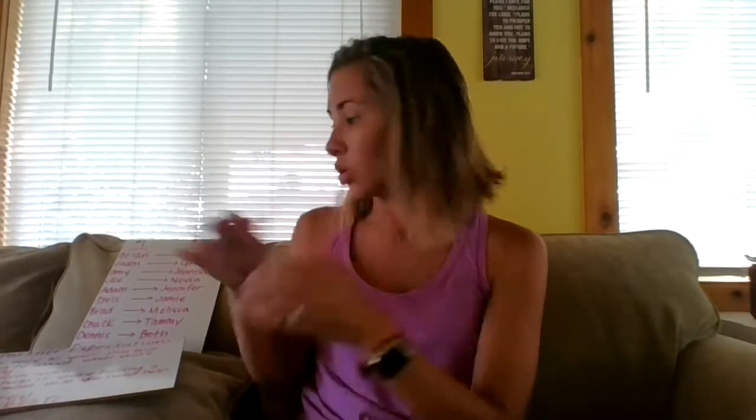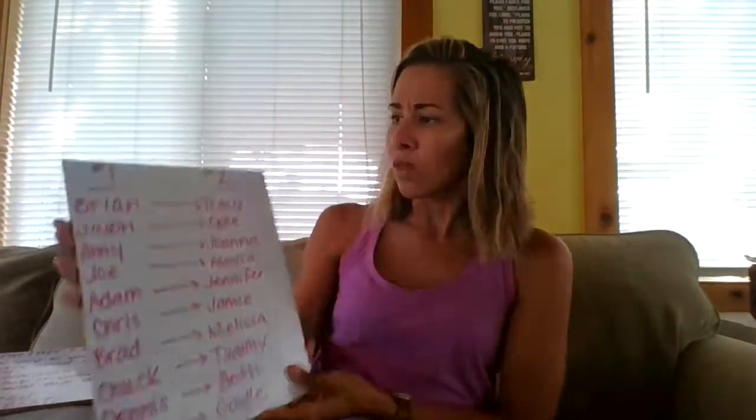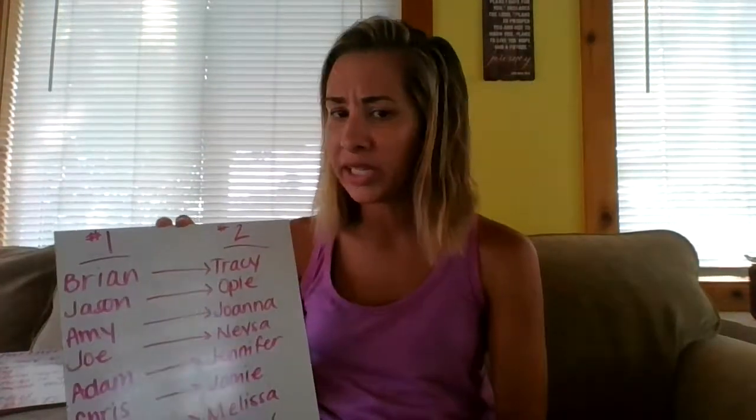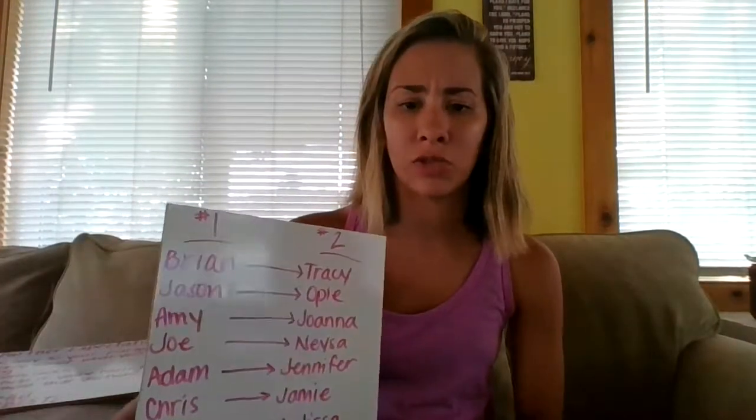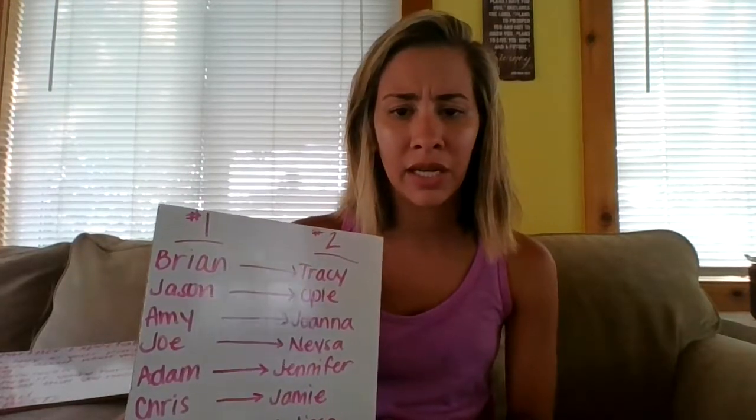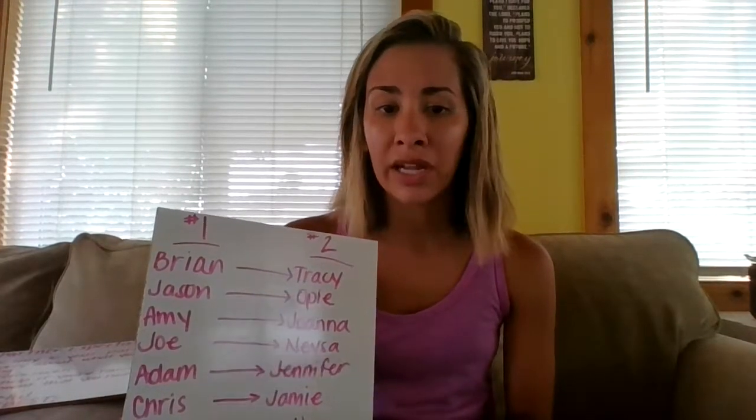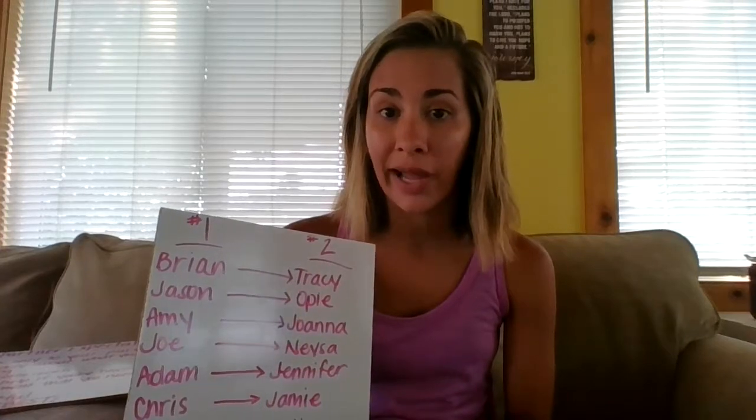So you'll be reading the books or the passages that I'll be giving you paragraph by paragraph. But after each paragraph, you guys are going to switch roles. So if Brian is starting out and he is going to be reading, let's see which book Brian's going to be reading. Brian and Tracy will be reading Imaginary Fred.